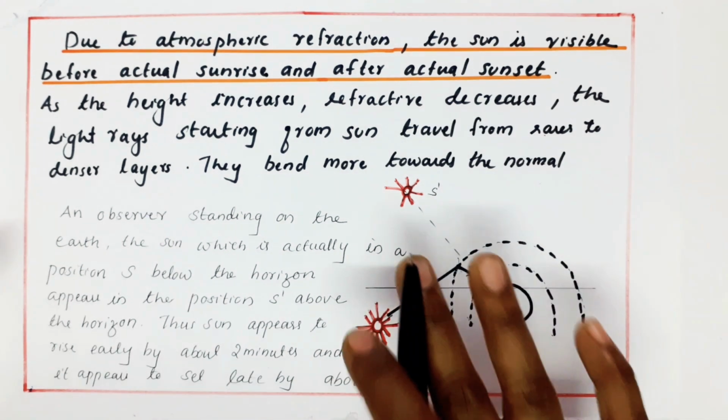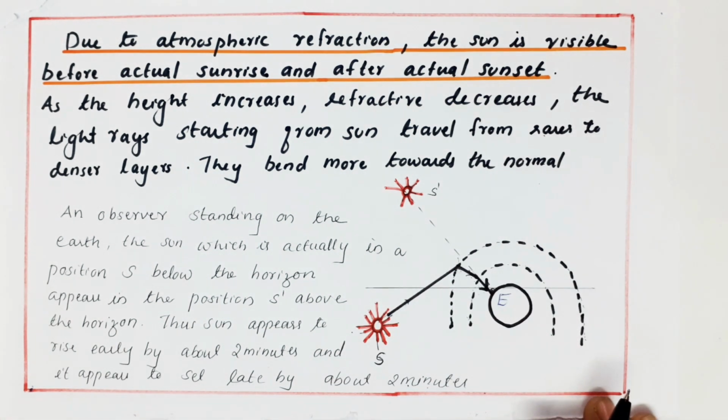So many atmospheric phenomena are due to atmospheric refraction, for example advanced sunrise and delayed sunset. And just now what I told is that the twinkling of stars is also atmospheric refraction.